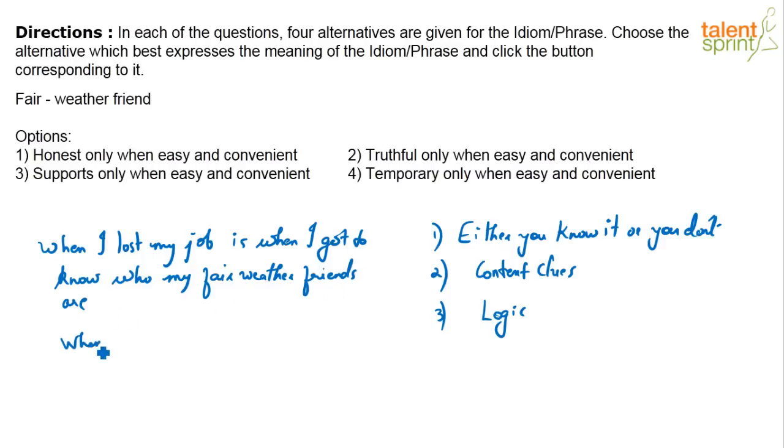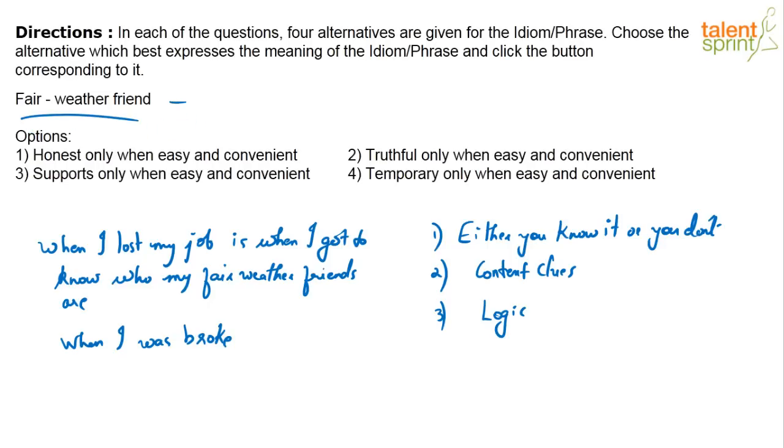Or when I was broke, or when I had no money. If that's the case, what we're basically saying is, these fair weather friends are friends who are good friends when it is easy and convenient for them. Otherwise they stop being your friend, especially when you have problems. So that's what a fair weather friend is.